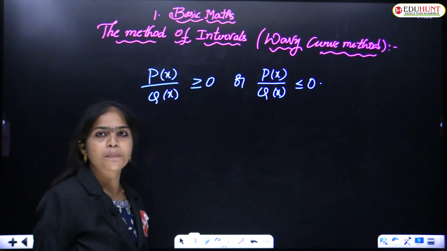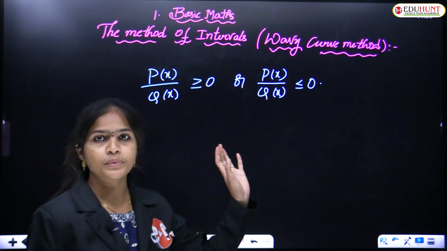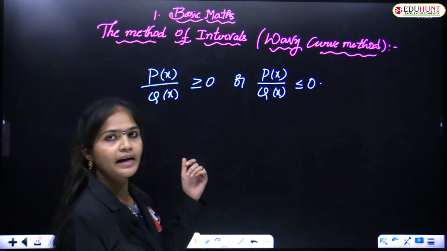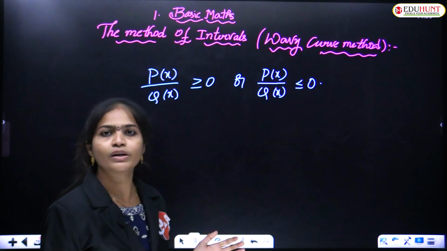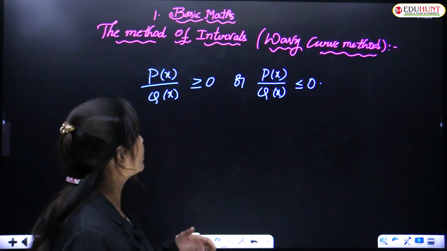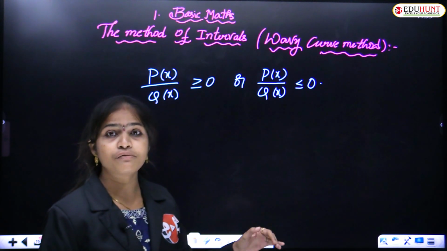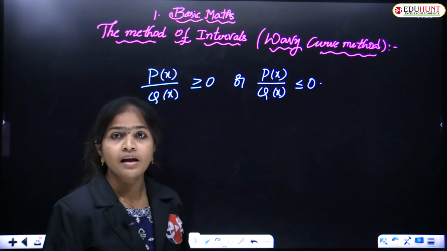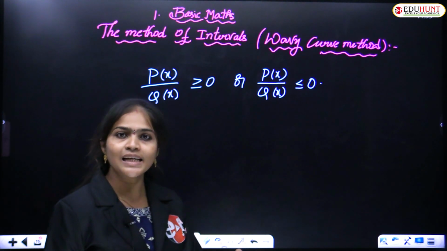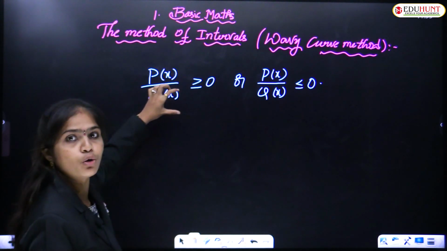So children, up to now we discussed just p of x, one polynomial, or else they gave the factors directly. After that we can write the intervals. We know open intervals and closed intervals, we already discussed, no? But what is the use of this method, ma'am? By using this method we can write the intervals of inequations that are also in the form of p of x by q of x.